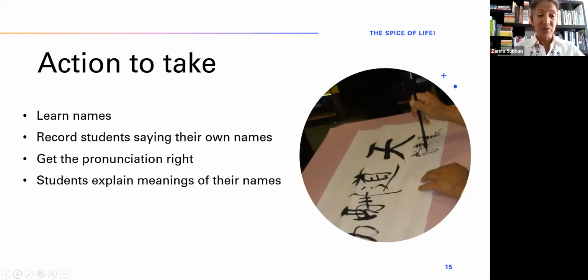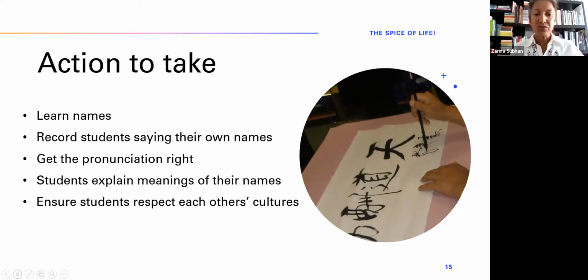It's a nice project to work on with children where they may not know the meaning of their name and they actually go away and find out. Their research may not be in English because they may be talking to family or looking up things in their own language. But when they have to present it or do a poster or talk about it, that goes into English and having to explain it. So it's still language oriented.